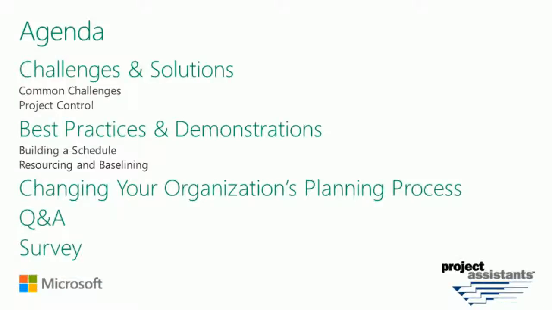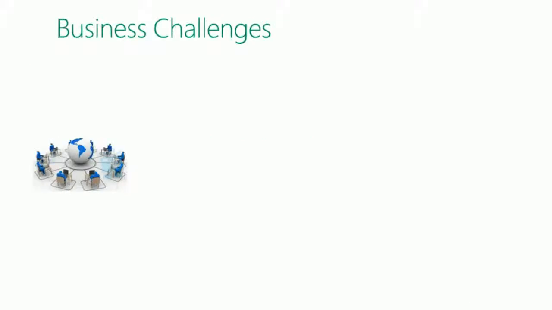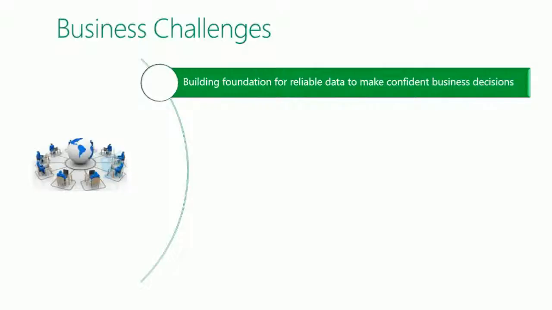So from a business challenge standpoint, why would a business even care about project management? You could say deliver on time, on budget, but why do we even care about on time, on budget? We know what success looks like from a project management definition, but what does it mean to a business? What we're really trying to do when we talk about delivering the future into the present is a reliable set of data to make confident business decisions, right?